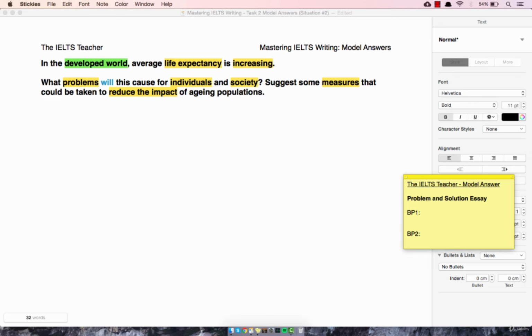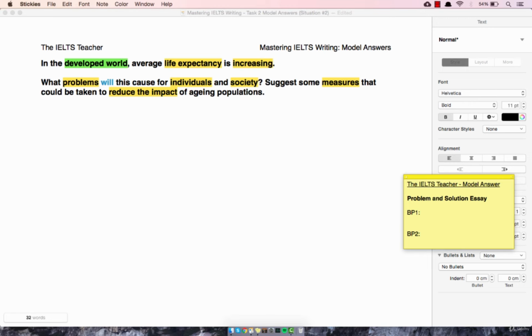If you've watched the video course for task 2, you'll know that I recommend that in a problem and solution essay, we look at one problem and one solution to that problem in each paragraph, instead of looking at all the problems in one paragraph and all the solutions in the other paragraph. It's just difficult to tie those ideas together in a cohesive way. Much easier to do problem and solution, different problem and solution.